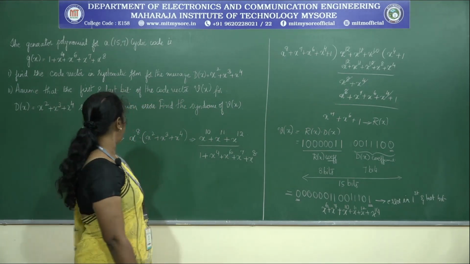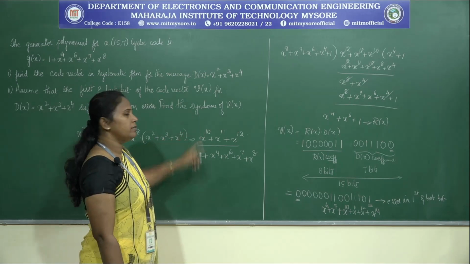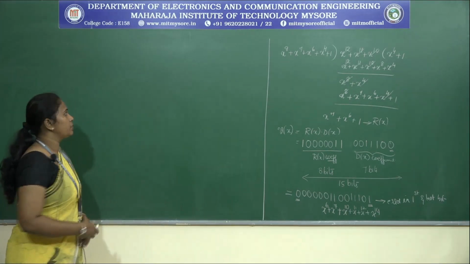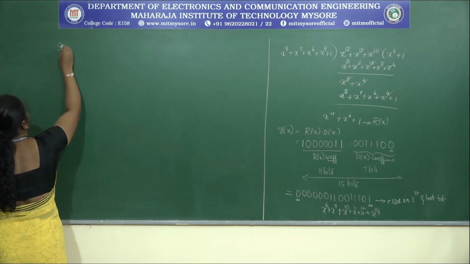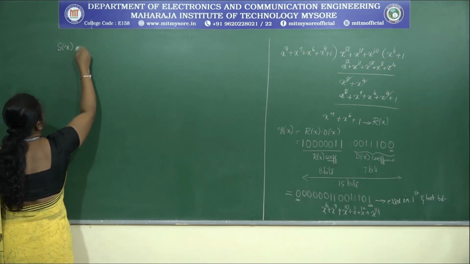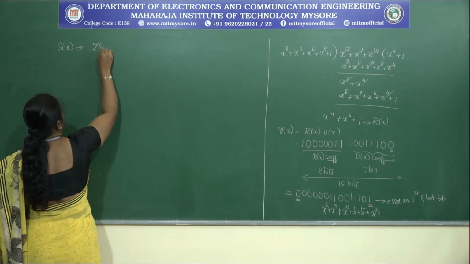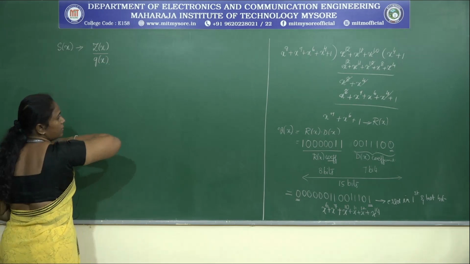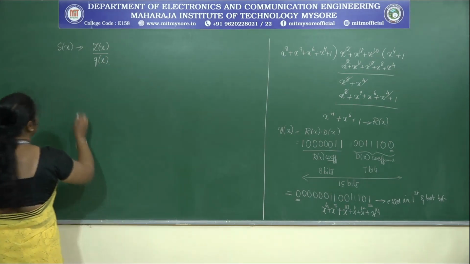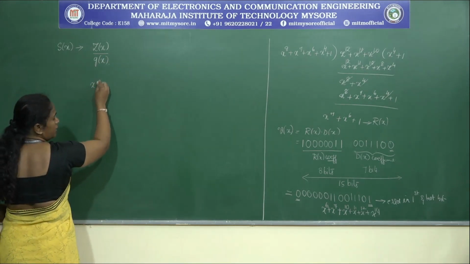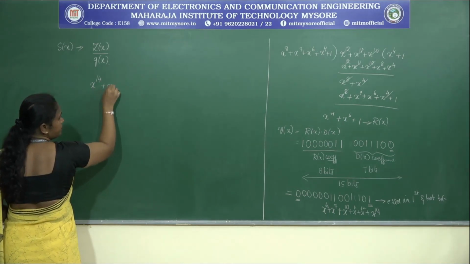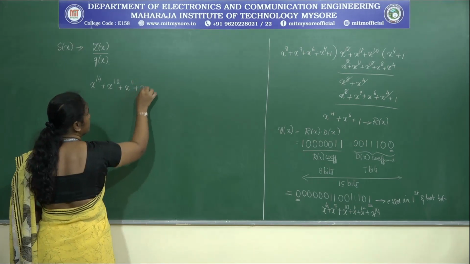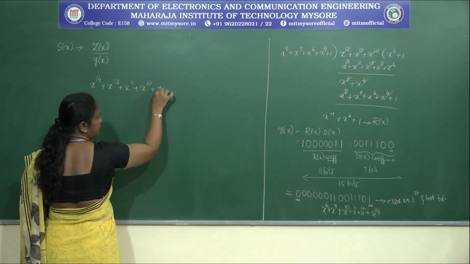So now we need to find the syndrome bits, that is S of x. So S of x is found out by how? It is Z of x, that is the received vector, divided by G of x. So what is your received vector? It is x power 14, 12, 11, 10.